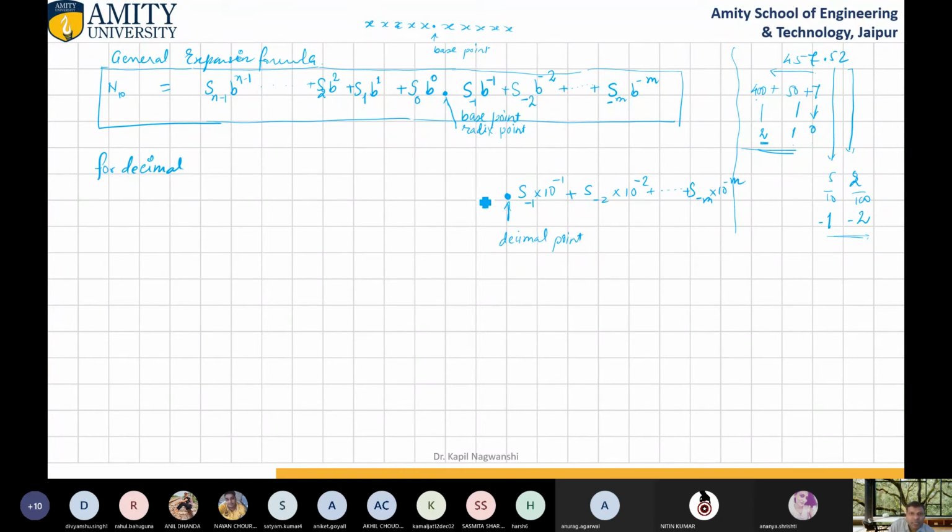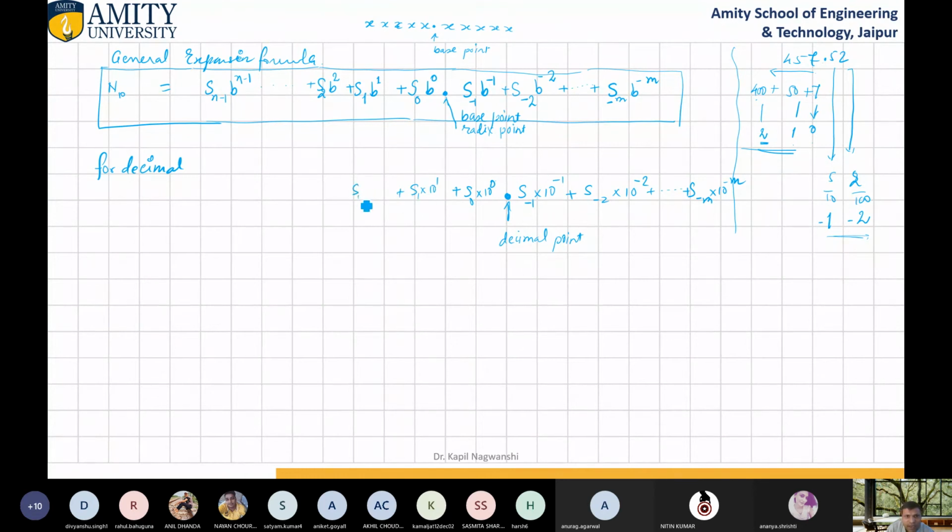And here if we move from left to right after this decimal point, it will be written as s0 into 10 to the power 0. S0 means this is the 0th digit. Now s1, this is the first digit into 10 to the power 1.